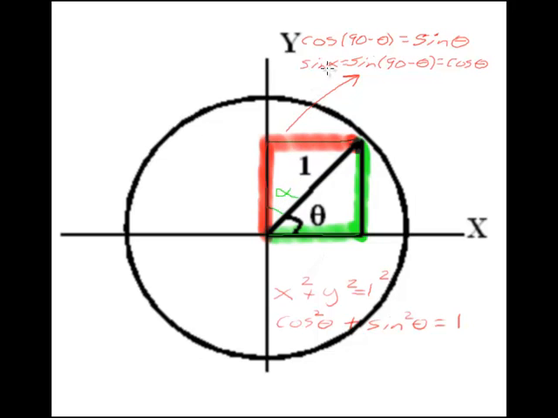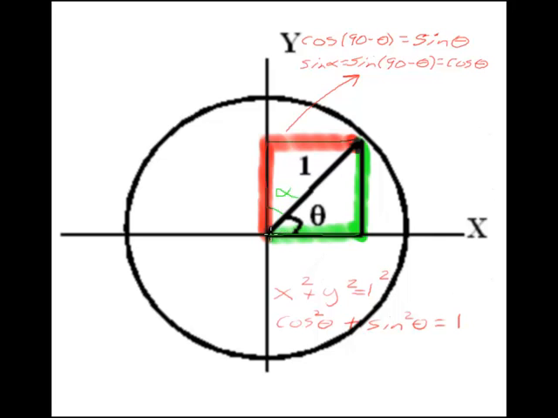So sine of alpha, which is the sine of 90 minus theta, which is this side, has to equal the green side here, which is the cosine of theta. This is a trig identity. Another identity is the opposite side here, which is found using the sine of theta, is the same length as this side, which is the adjacent side to alpha. So cosine of 90 minus theta has to equal sine of theta.